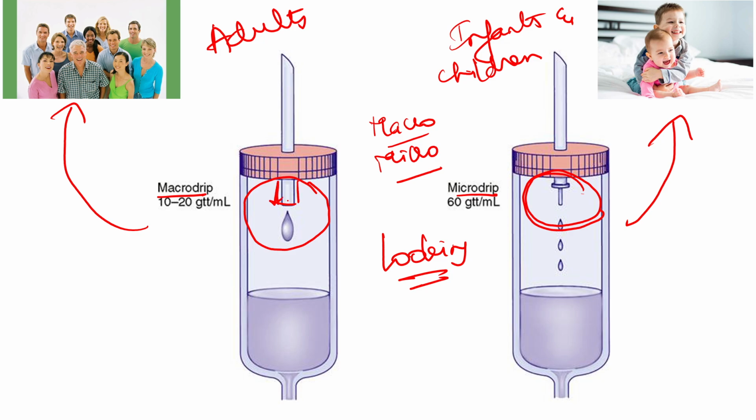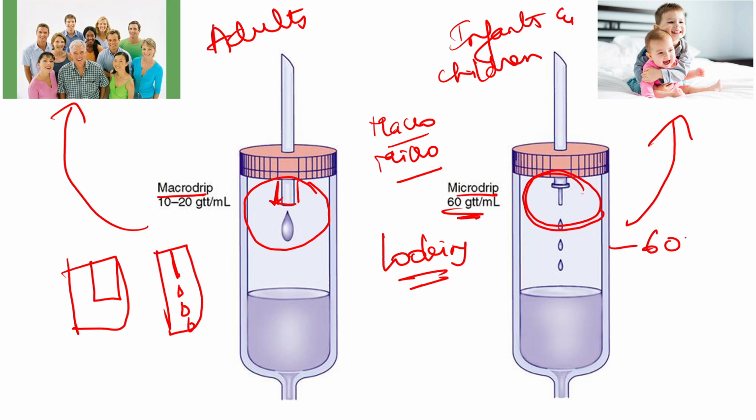In this pin type model we are going to have the drops. Micro drip is how much? 60. Remember, 60 GTT per ml, whereas the macro is 10 to 20 GTT per ml. In the exam, you may get questions on this.